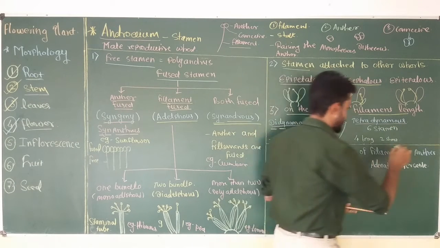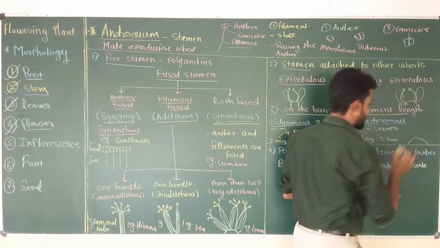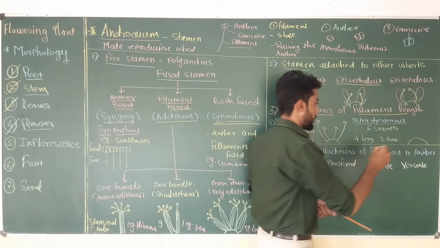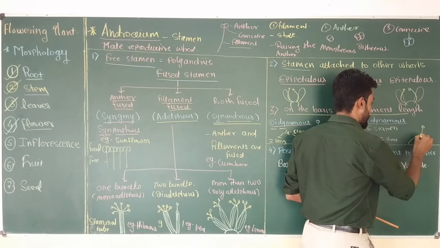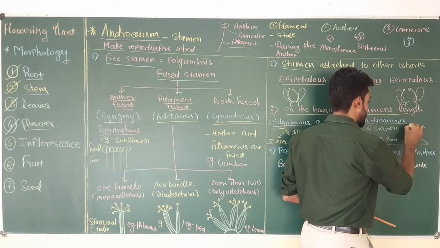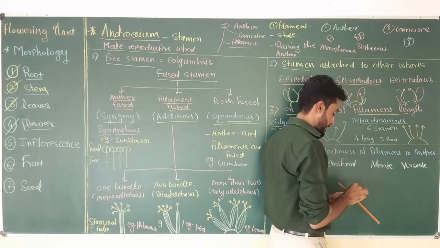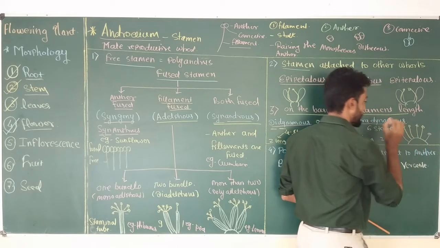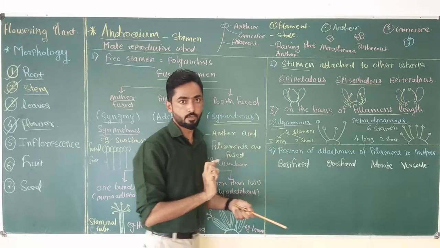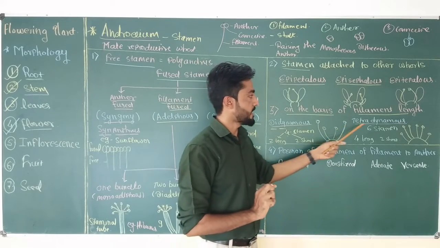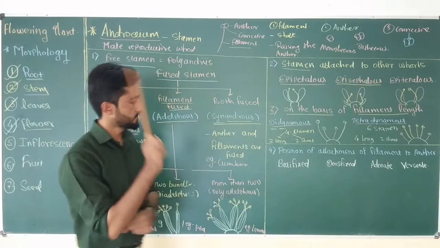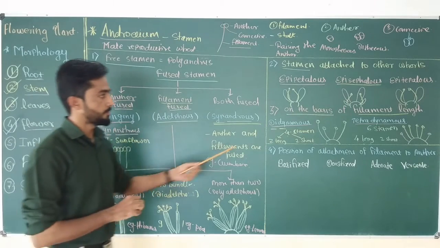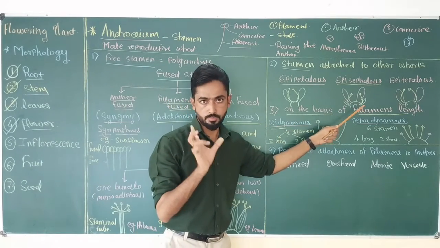If we want to draw the diagram, this is the thalamus, and the thalamus has inner 4 stamens which are long, while the outer 2 stamens are short in length. So it is called tetradynamous.